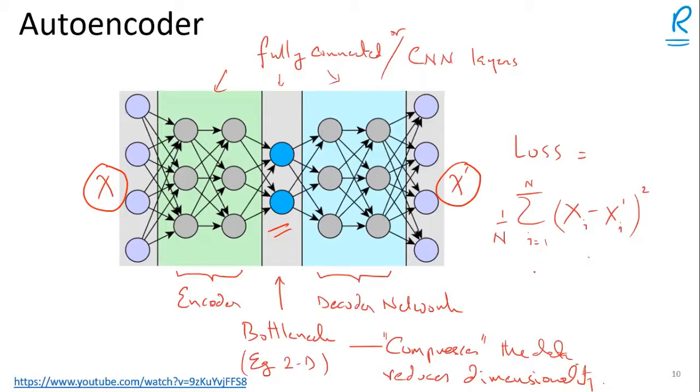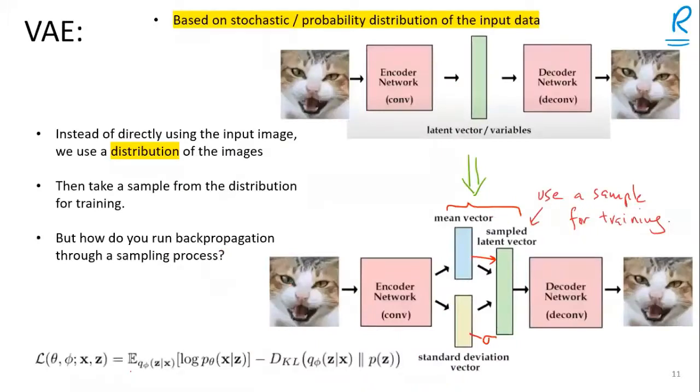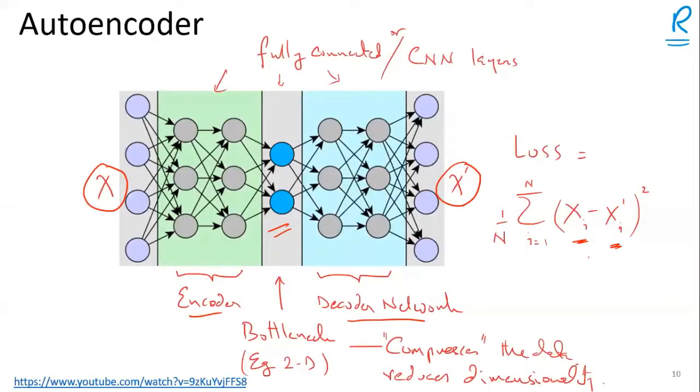Essentially you have a loss equation, which is trying to look at the difference between the actual input and the output that was produced after the encoder and the decoder network has gone through, and there's a bottleneck. And we looked at the variational autoencoders as well. So can somebody explain to me what the difference was between a variational autoencoder and a regular autoencoder?